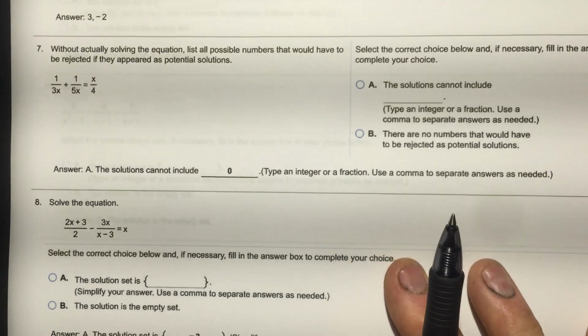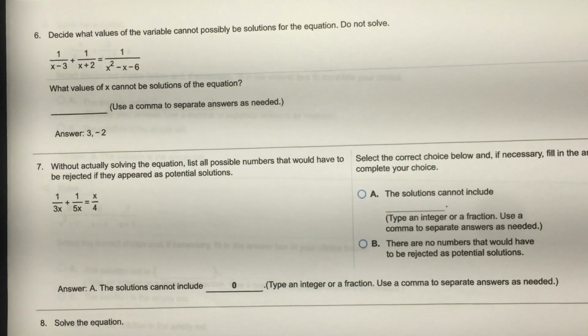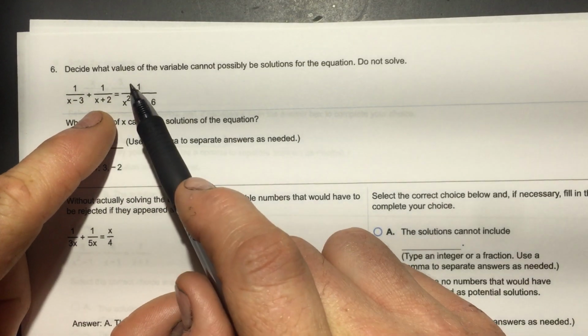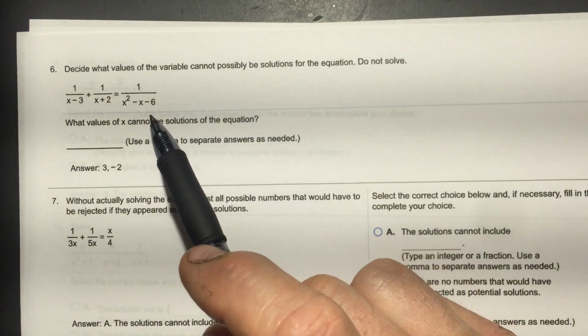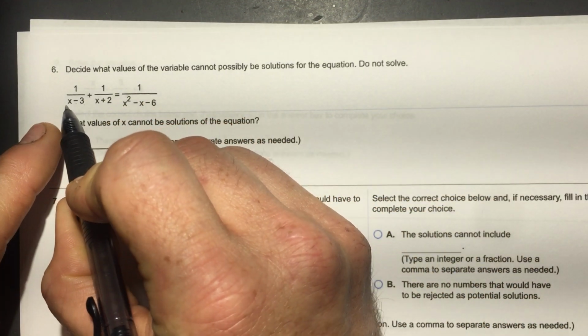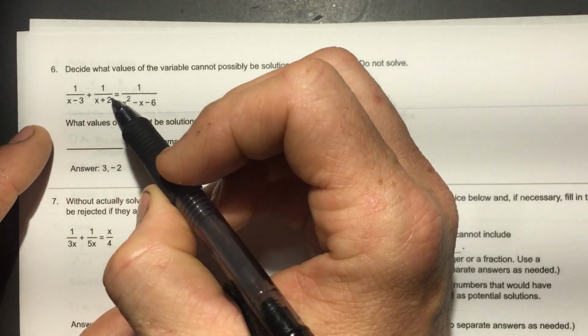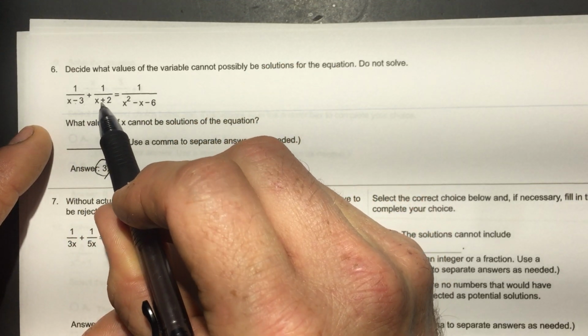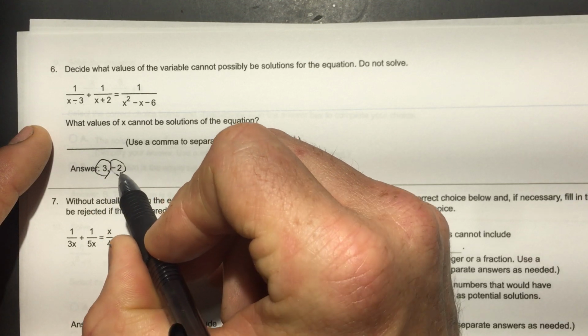All right, now, so on this one, okay, what values cannot possibly be solutions here? All right, so right here, we're going to do add 3, divide by 1, so it's going to be a positive 3, right there. Right here, we're going to subtract 2, divide by 1, so it's going to be negative 2, right there.